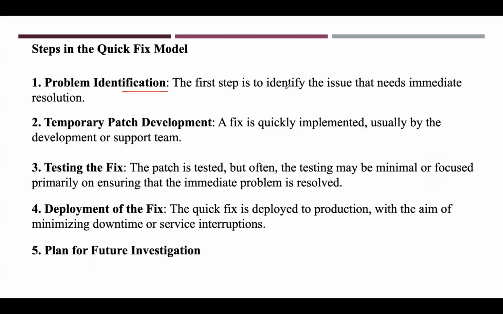So identify the issue that needs immediate resolution. And then temporary patch development. Apply the fix to the software, typically with minimal changes to avoid introducing new problems. So the main goal of this temporary patch development is to quickly implement a solution to the identified problem.